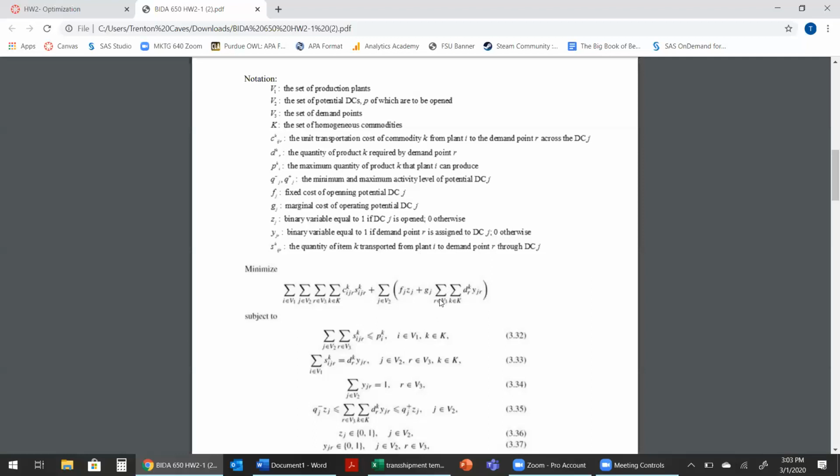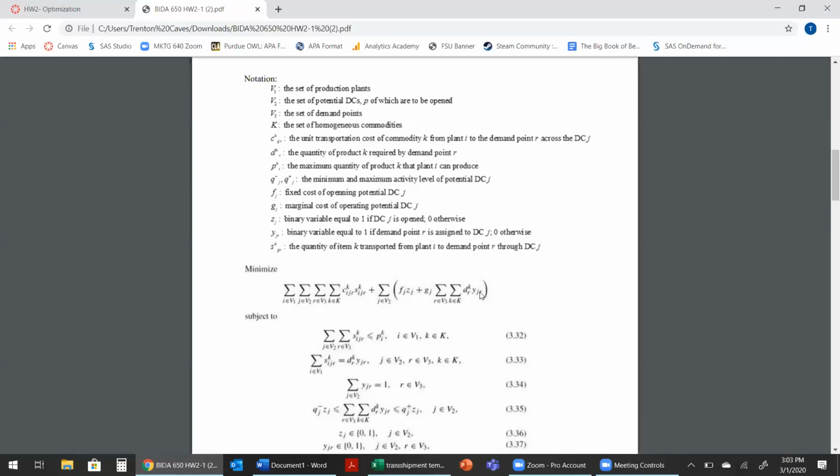We've got two sums again, over the V3 demand points and K the commodities. D sub R K, back in the notation, is the quantity of product K required by demand point R. So we said demand point is the same thing as our retail outlet. So how many of each commodity is being required at a demand point?